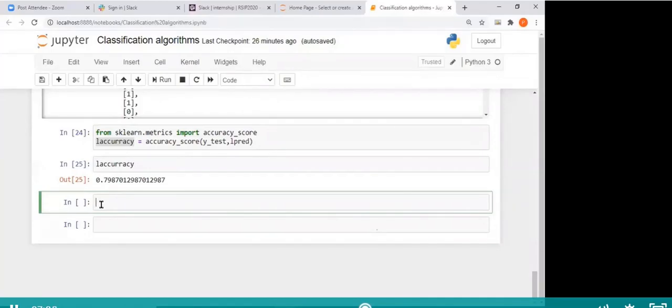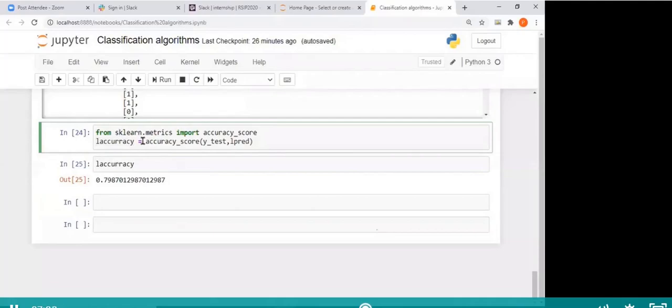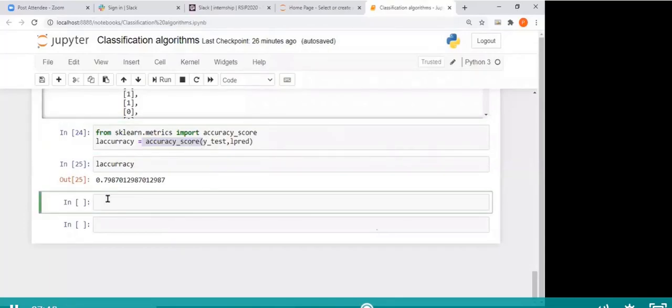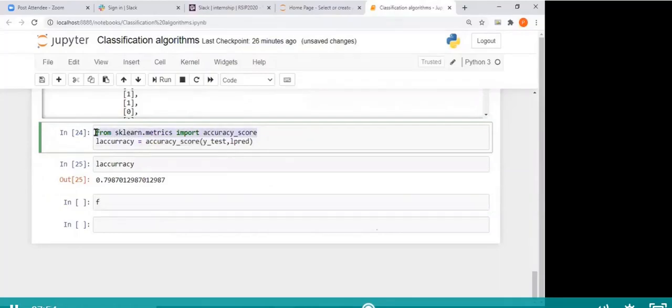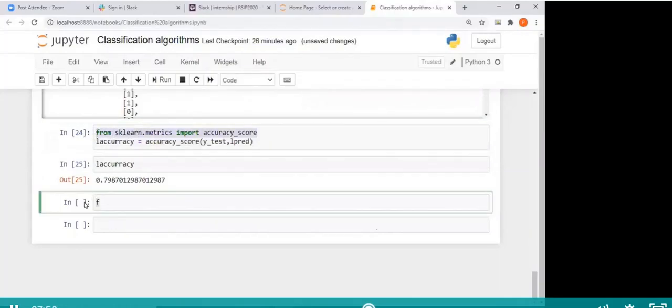From that confusion matrix only you will be getting this accuracy, the AUC curve, and the ROC curve. All right, so let's see how our confusion matrix looks. From sklearn.metrics, import confusion_matrix.